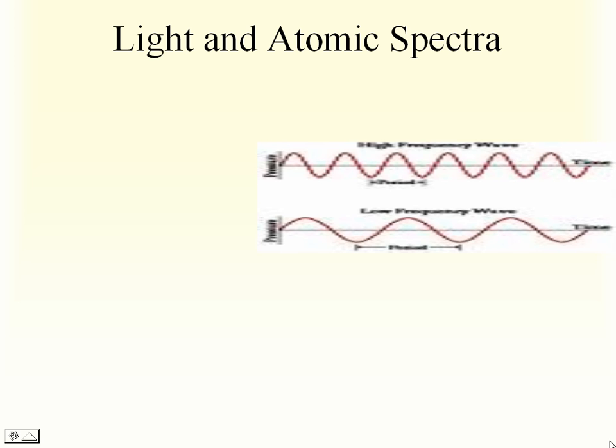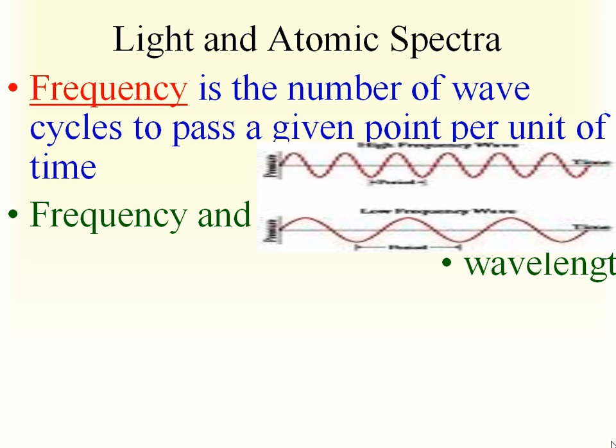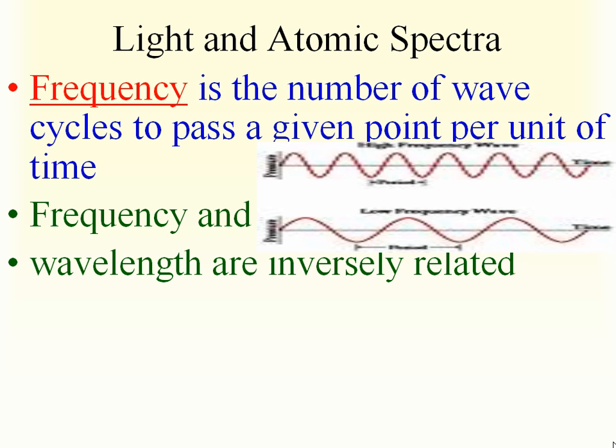Light in the atomic spectrum. Frequency is the number of wave cycles to pass a given point per unit of time. Frequency and wavelength are inversely related.